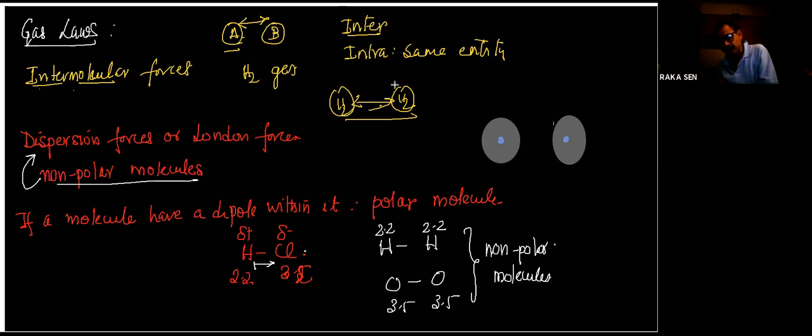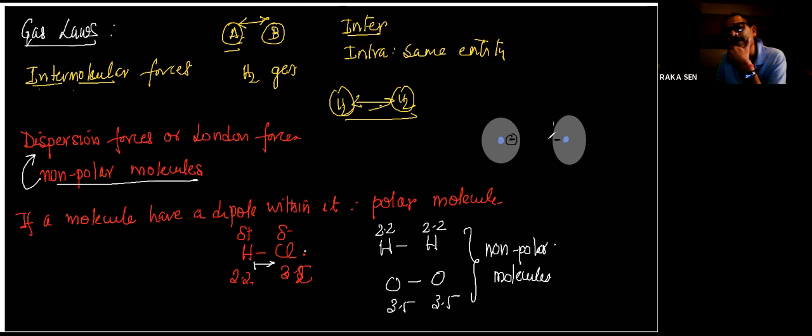Now I've got two molecules out here and they are non-polar. That means there are no dipoles within these molecules, but each has an electron cloud. Now, when these two molecules come closer to one another, I've got negative charge out here and negative charge out here.